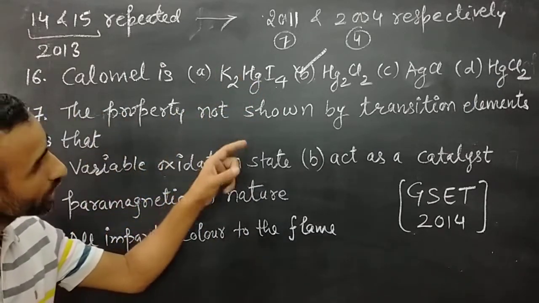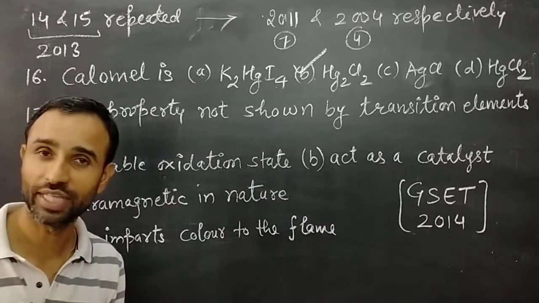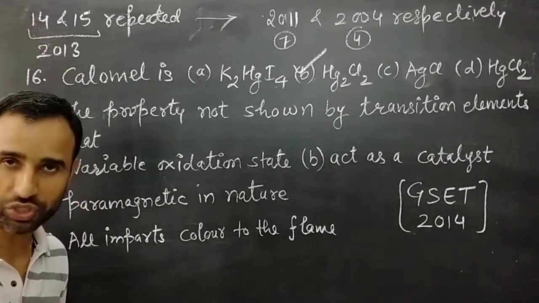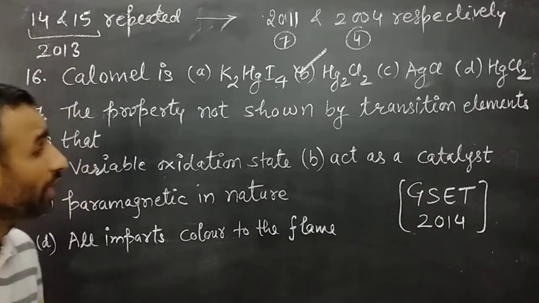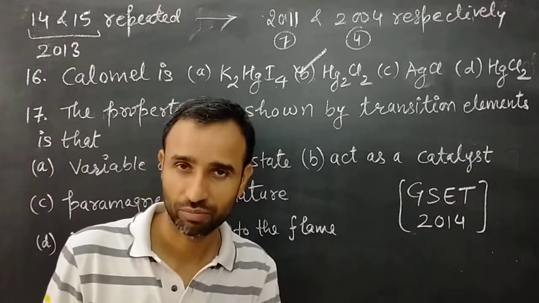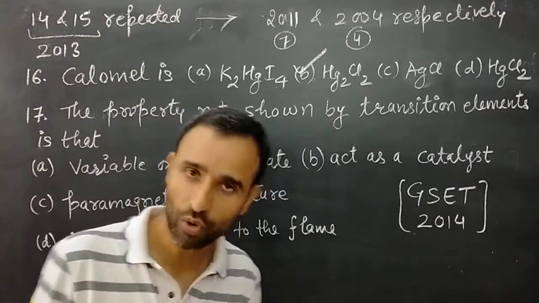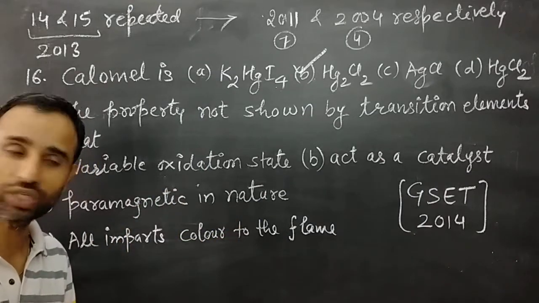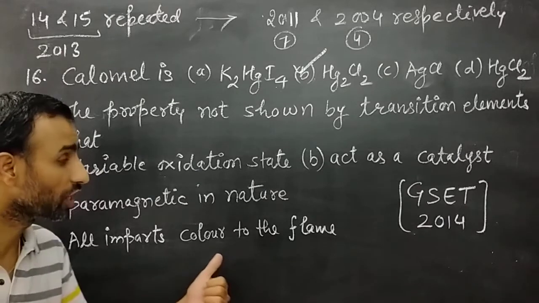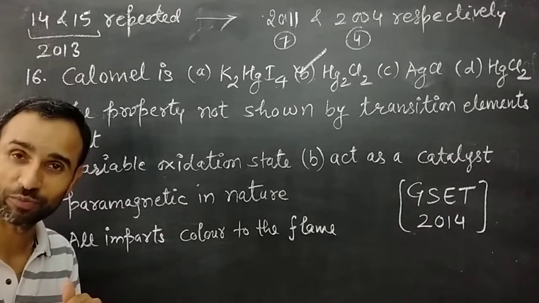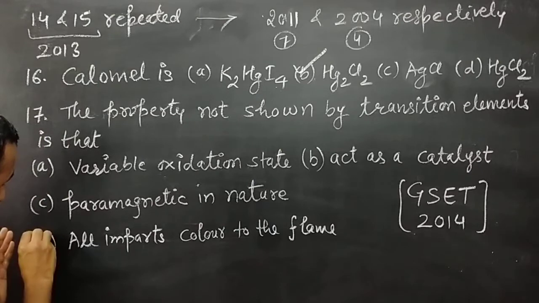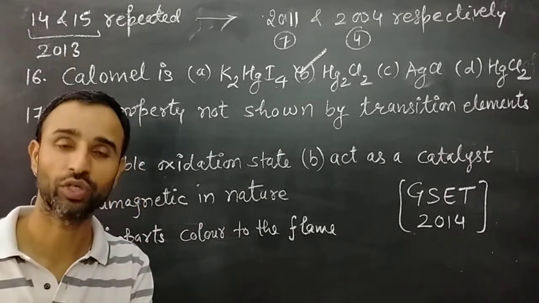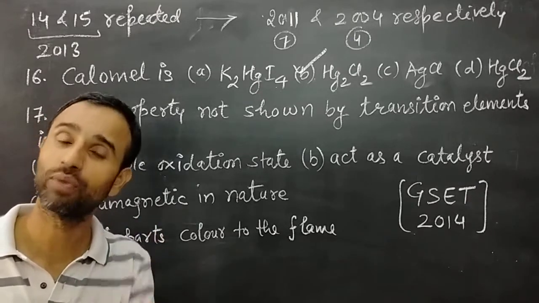The property not shown by transition elements: variable oxidation state, most of them have variable oxidation state with exceptions like scandium. Act as catalyst, yes, most of them act as catalysts and their compounds as well. Paramagnetic in nature, most of them are paramagnetic. "All impart color to the flame" is not true. You know, all do not impart color to the flame.